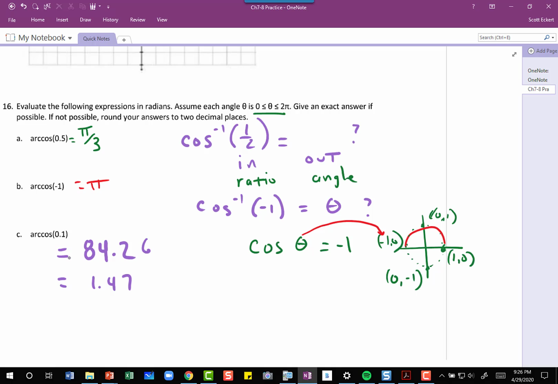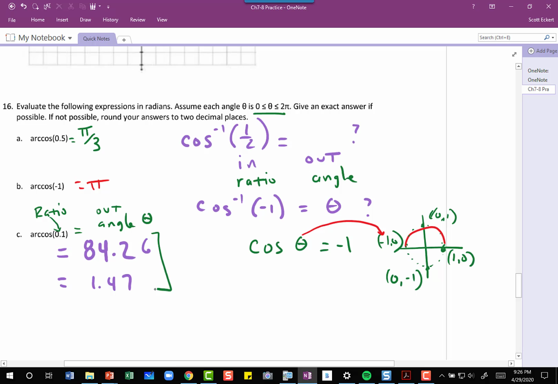And when you work it in the calculator, it's likely that some of you got one and some of you got the other. And I want you to be smarter than your calculator and really pay attention to what's happening here. Remember, this is a ratio input. So the input is a ratio. And the output is an angle.